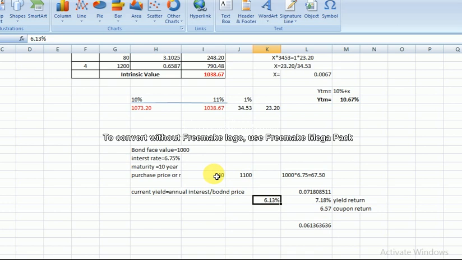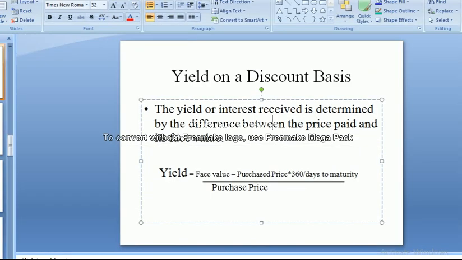So the yield basis of a pure discount instrument can be calculated by this formula.